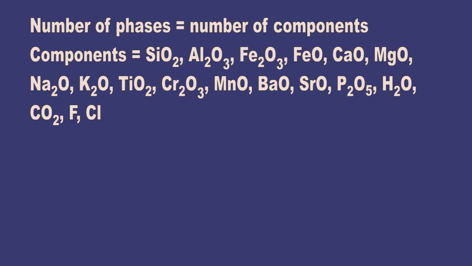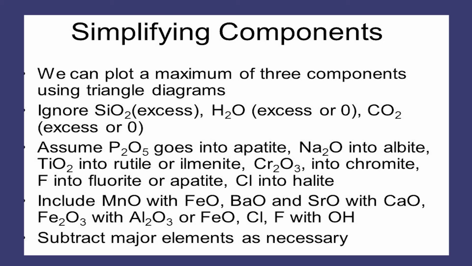Components are SiO2, Al2O3, Fe2O3, FeO, CaO, MgO, Na2O, K2O, TiO2, Cr2O3, MnO, barium oxide, strontium oxide, P2O5, H2O, CO2, fluorine and chlorine. Simplifying components, we can plot a maximum of 3 components using triangle diagrams. Ignore SiO2 axis, H2O axis or 0, CO2 axis or 0.